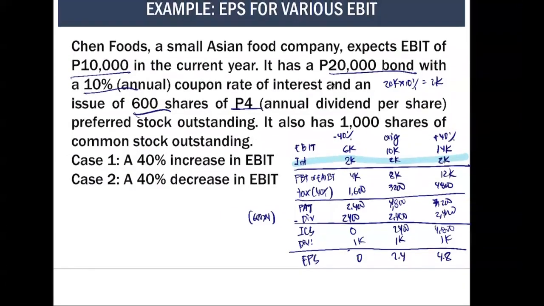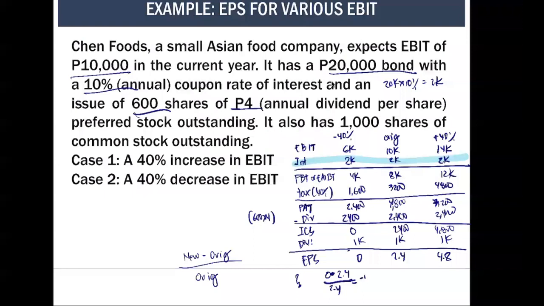So to compute the percentage change, the new less original divided by original. The new EPS of 0 less the original 2.4 EPS divided by the original 2.4 EPS. So negative 2.4 divided by negative 2.4.